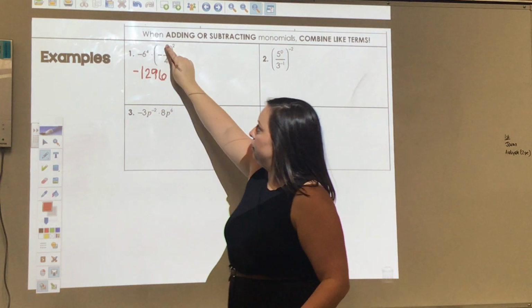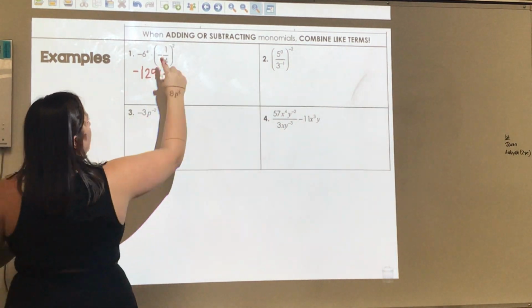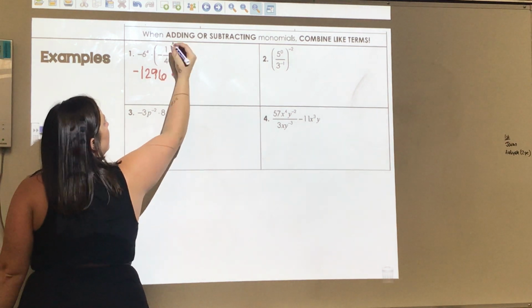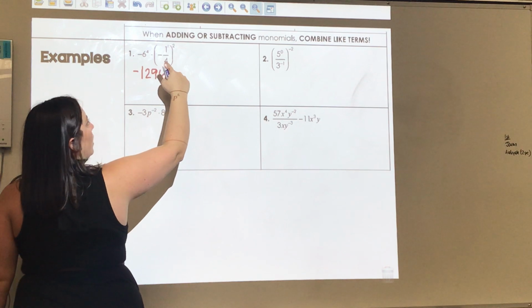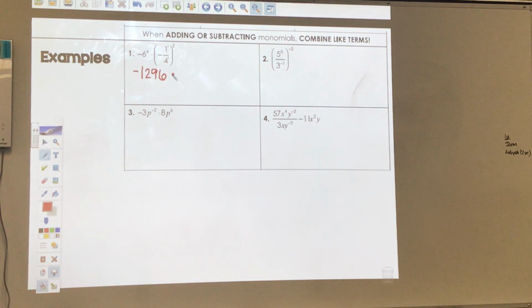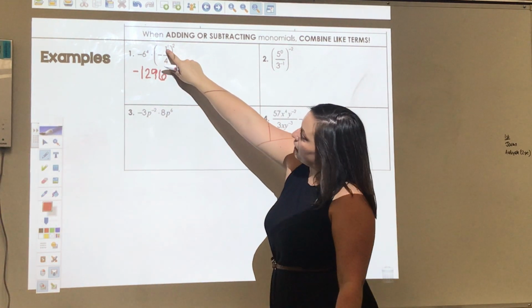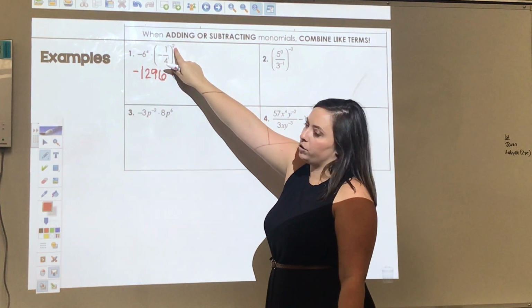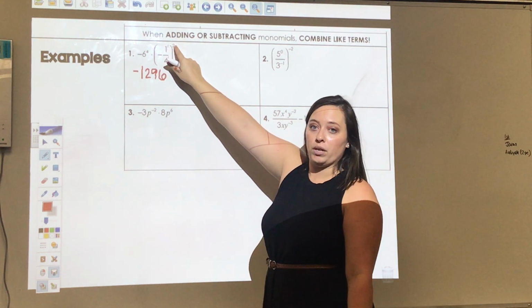For this one, you have to remember there are invisible 1s in here. This one has an exponent of 1. This 4 has an exponent of 1. So what we're going to end up doing, we have a power raised to another power. You look at your notes, the power to power rule, we're supposed to multiply our exponents.